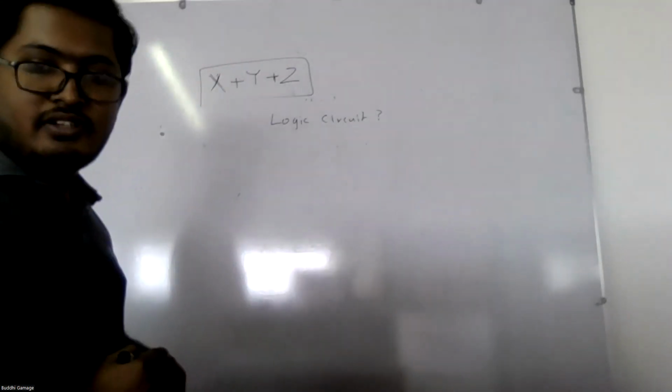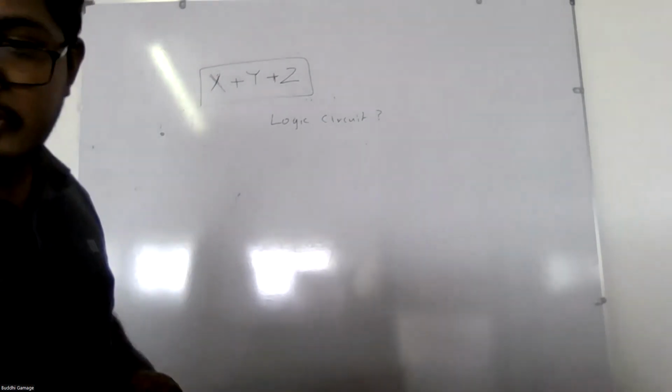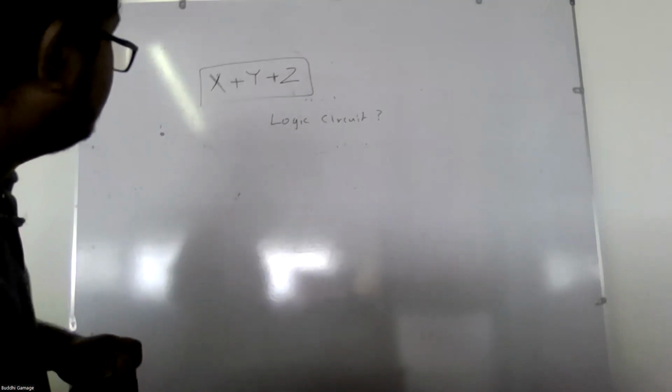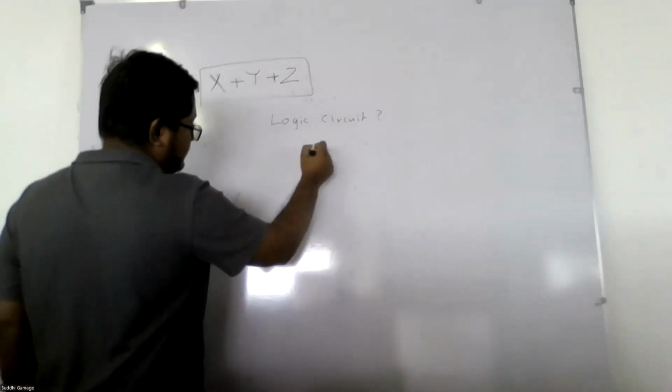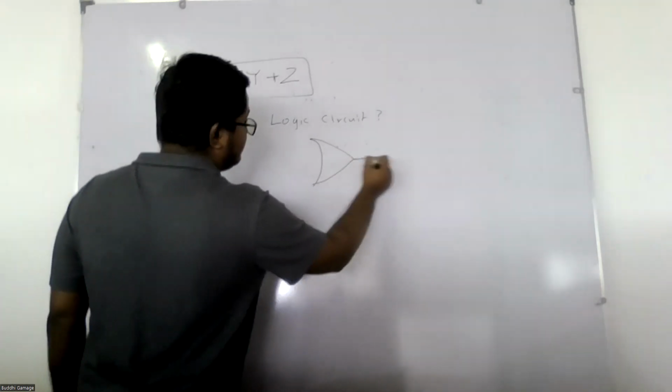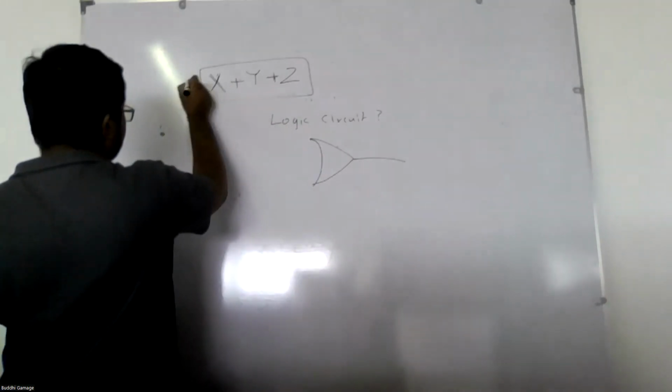Okay. Thank you, Darshan. An OR gate with three inputs, right? So that is this. There should be one output.